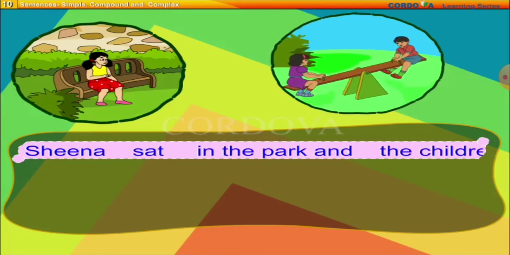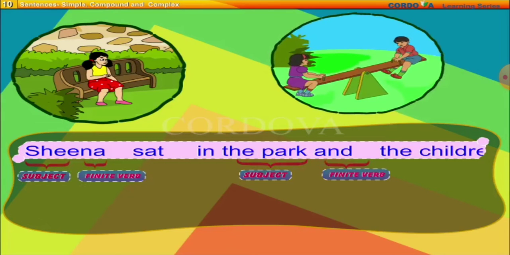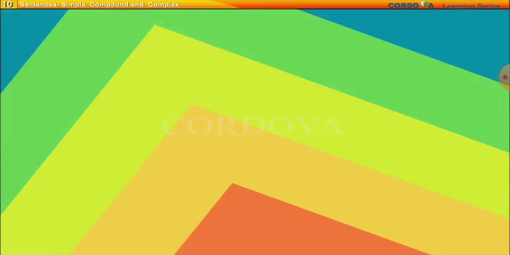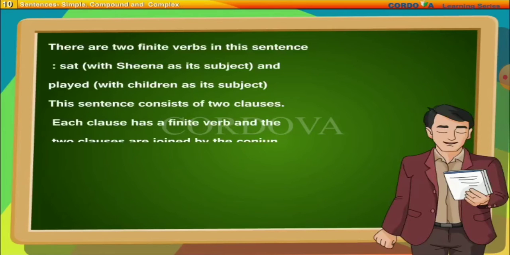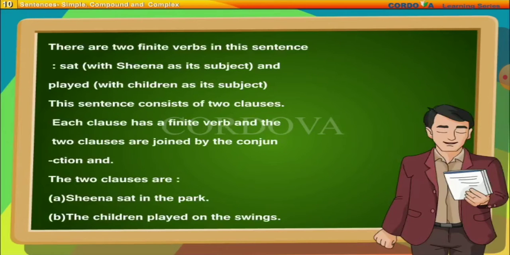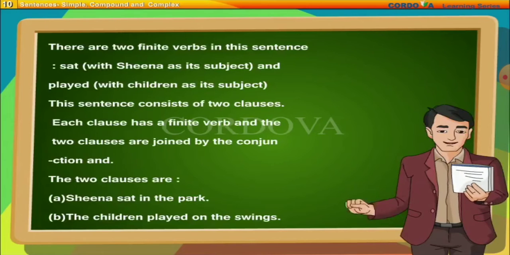The clauses of a compound sentence are called coordinate clauses. The coordinate clauses of a compound sentence are joined by coordinating conjunctions like as well as, no less than, but, still, yet, or, only, for, so, therefore, and so on.